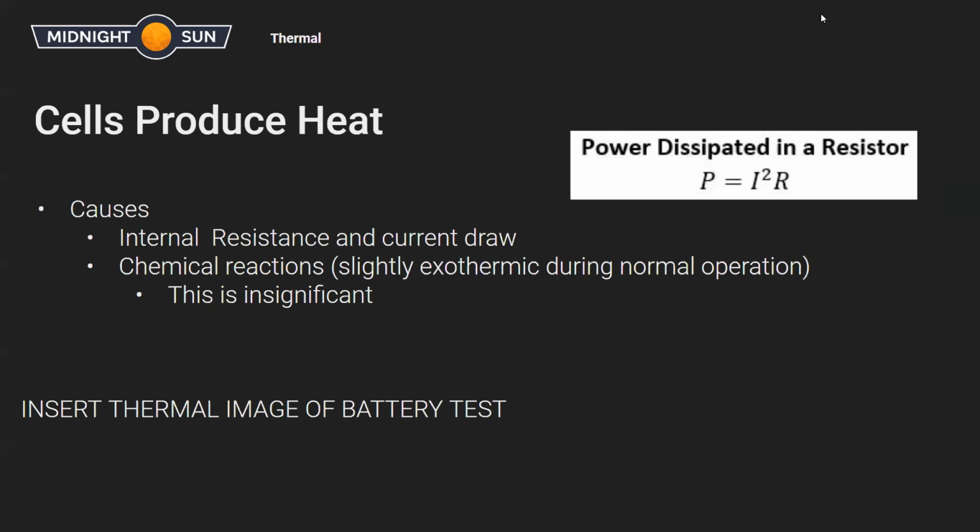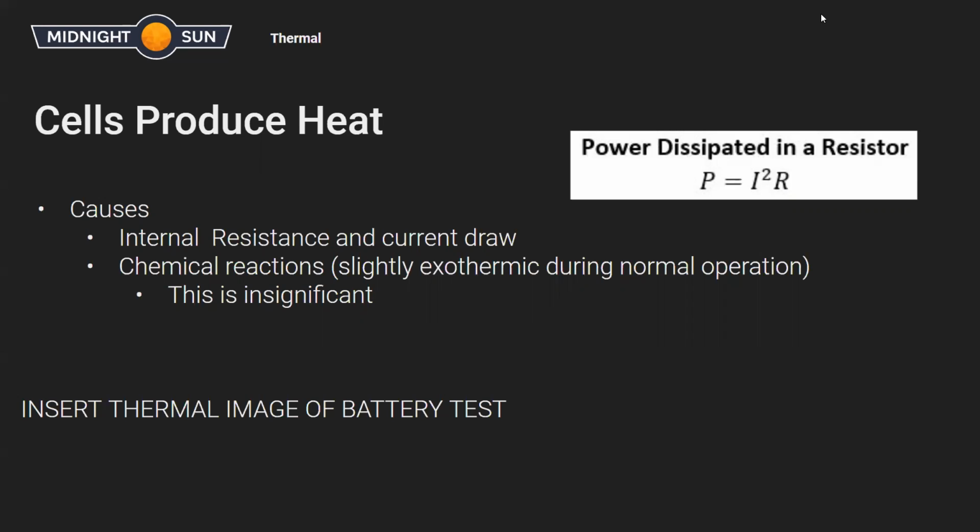The cells produce heat because of a simple equation: power equals current squared times resistance. And that heat has to be dissipated. Otherwise it just sits in the cell, and the cell will heat up. We need to provide a way for it to escape, or else it will just keep heating up the cell, and the cell will get too hot and go into thermal runaway.